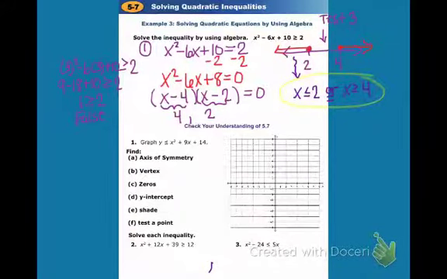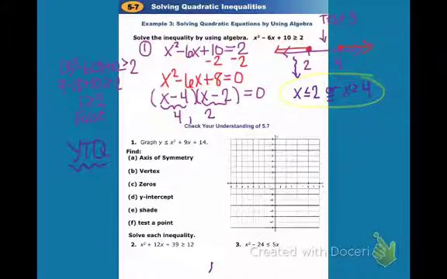Okay, so we have one last thing to complete before we meet again, and that's the check for understanding for lesson 5-7. I'm going to have you complete this as a You Try, and it's more than one question, so it's a set of questions. I ask you to see if you have a pretty good handle on both parts of lesson 5-7. Question number 1 wants you to solve the quadratic inequality by graphing.